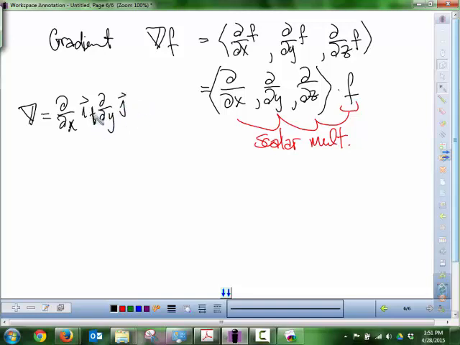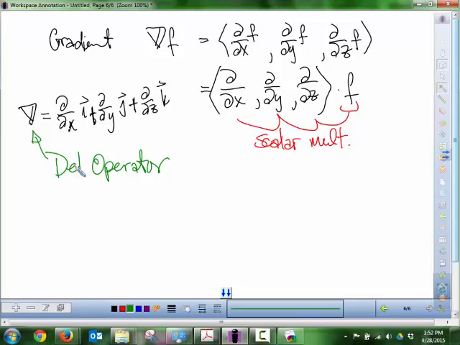It doesn't matter how you write it. And this is, in fact, called an operator. Apparently, it's called a del operator.